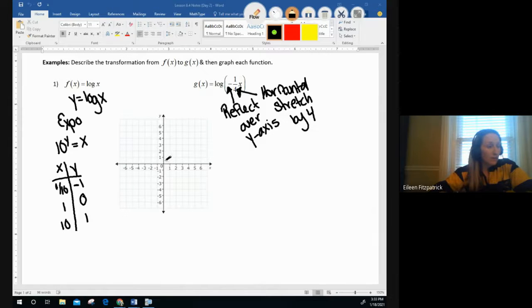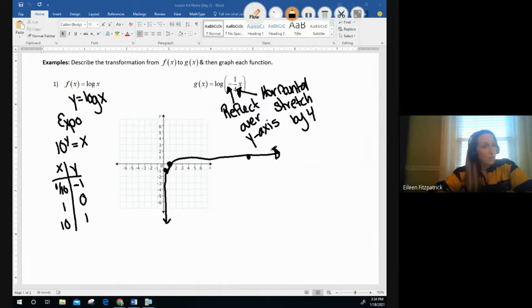So you're just going over a teeny bit and then down 1. Positive 1, 0. And then 10, 1 would be somewhere out here. Okay. So this has an asymptote along the y-axis. And it looks like that.